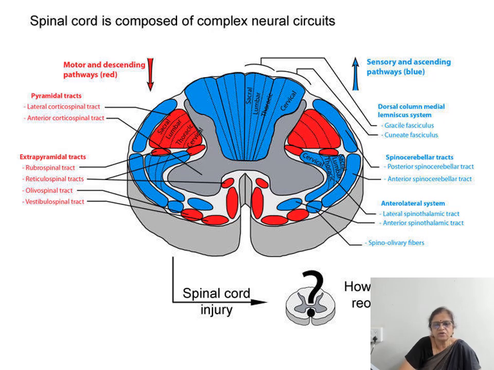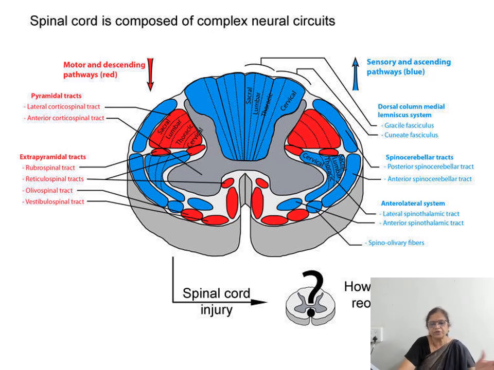Suppose this is the dorsal column: cervical fibers occupy the lateral most part, then thoracic, lumbar and sacral. If you come to the anterolateral spinothalamic tract, you can see the cervical fibers coming from the neck region occupying medial, whereas here they occupy the lateral part. So this is also quite opposite.